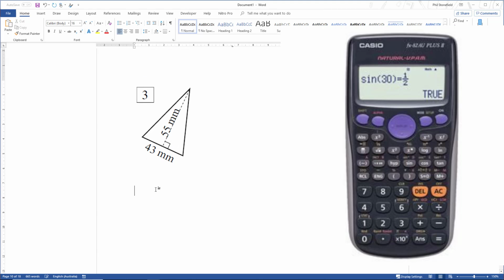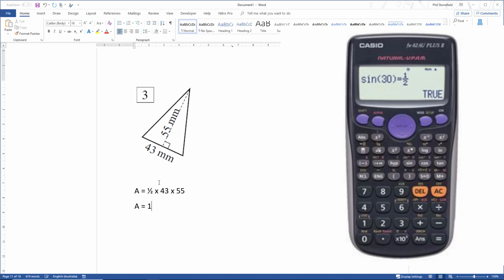Going down to this final one, again, the area of a triangle is half times base times height. So area equals half times 43 times 55.